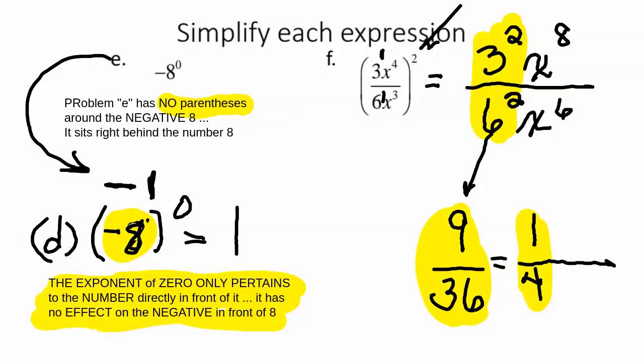I have x to the 8th and x to the 6th. Well, the 8, as you see, is bigger than the 6. Now, because this is bigger, the x is going at the top. Remember, I don't have to create a fraction when the numerator is bigger.